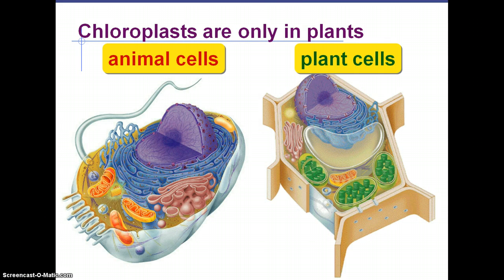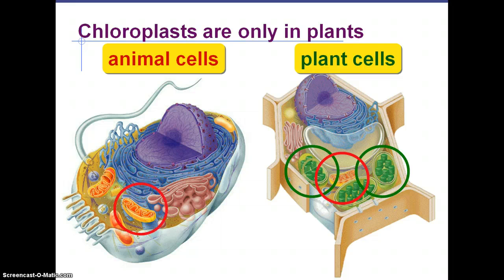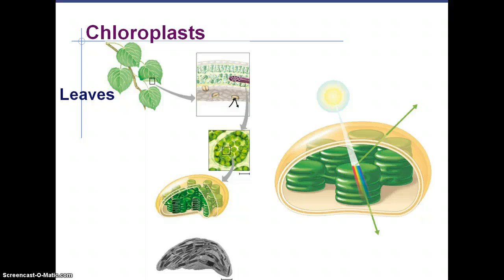Remember, chloroplasts are only found in plant cells, so only plants have chloroplasts. They also have mitochondria though, so don't forget about that. Let's focus just a little bit on the structure of the chloroplasts. The leaves of plants are kind of like the solar cell factories of plants, and this is where you're going to find high concentrations of chloroplasts.